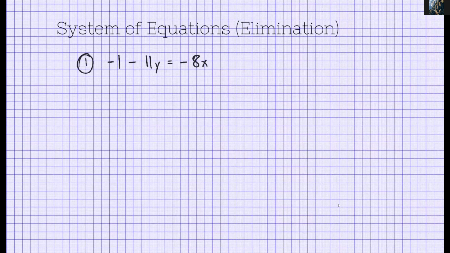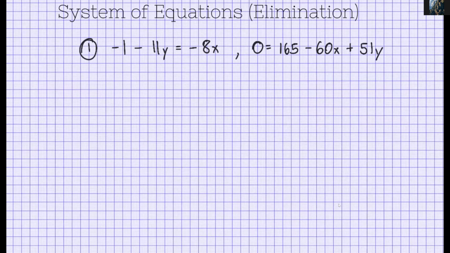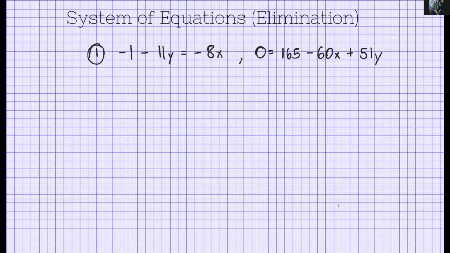And the other equation is 0 equals 165 minus 60x plus 51y. Now, it doesn't matter how the equations are written.